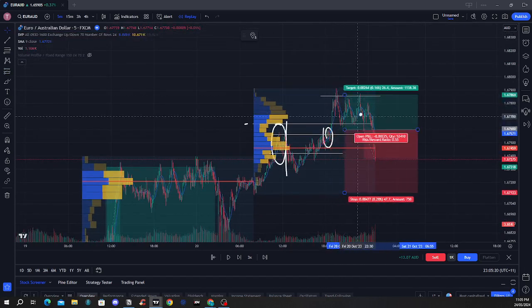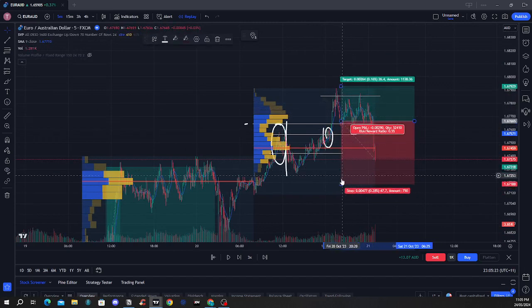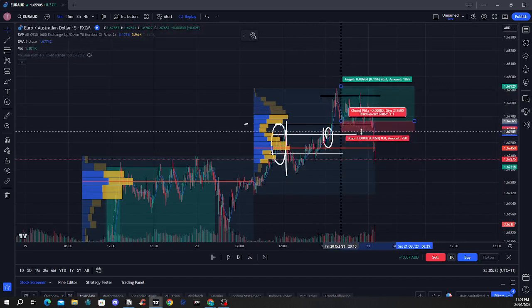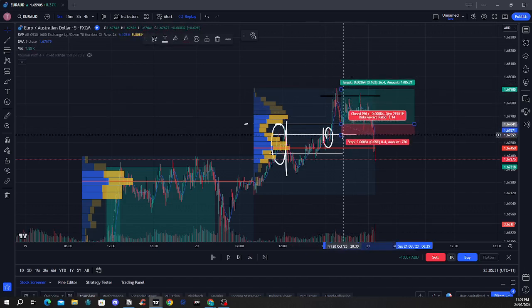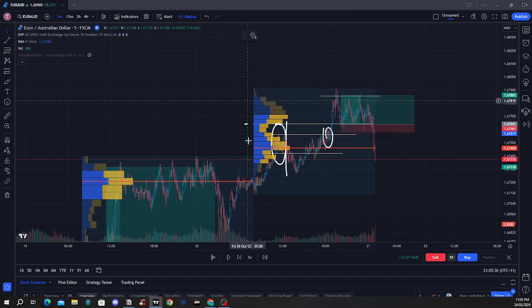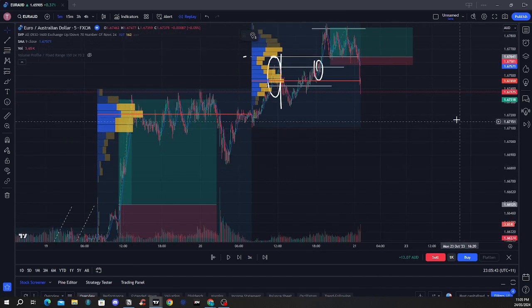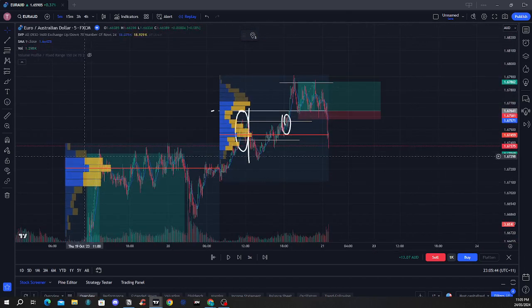And in both cases, entry after the major sign of strength. Beautiful. And both 1 to 3 risk reward. And that is all I look for in a trade, to long trade.